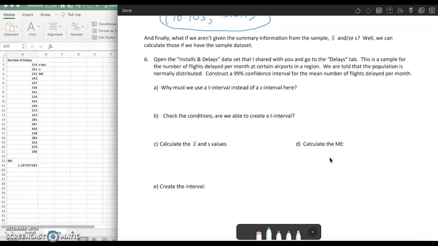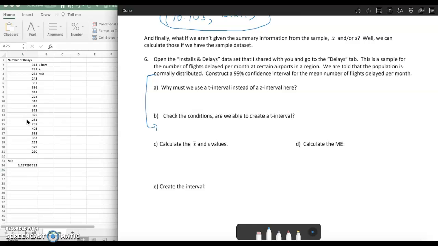I'm still in that installs and delays Excel sheet, and I've clicked over to the delays tab this time. This time we have the sample for the number of flights delayed per month at a certain airport in a region. It says you're told the population is normally distributed, so that's good.